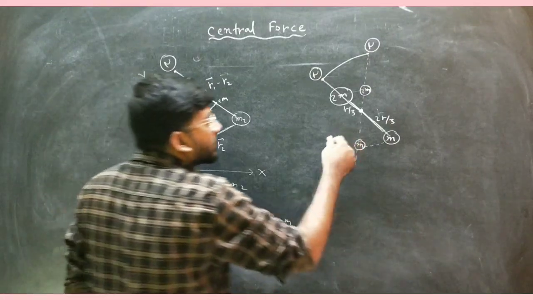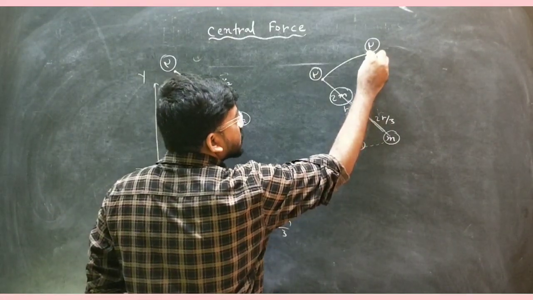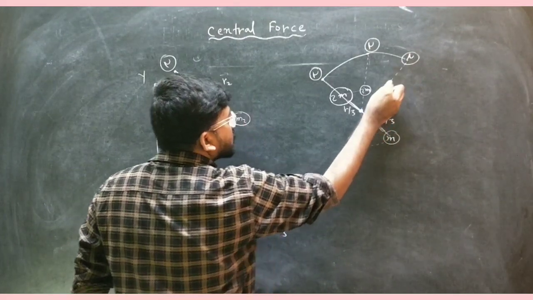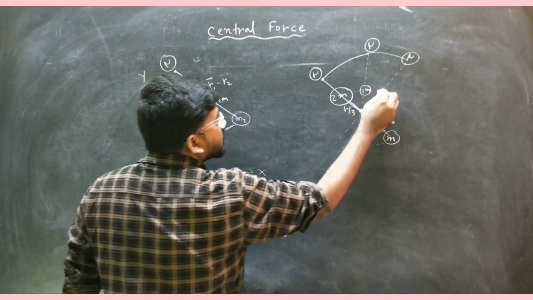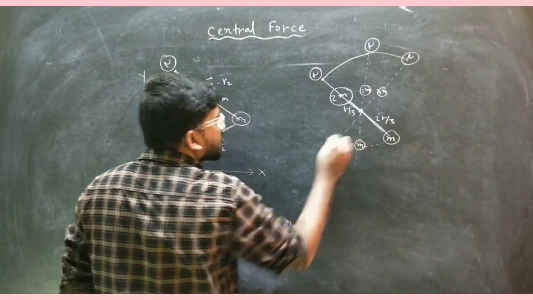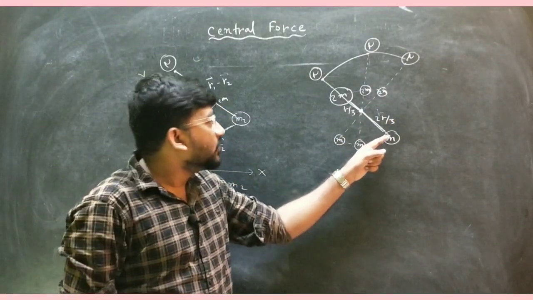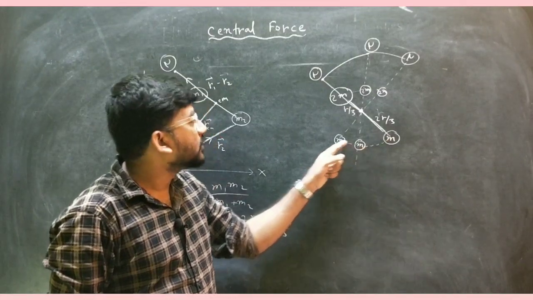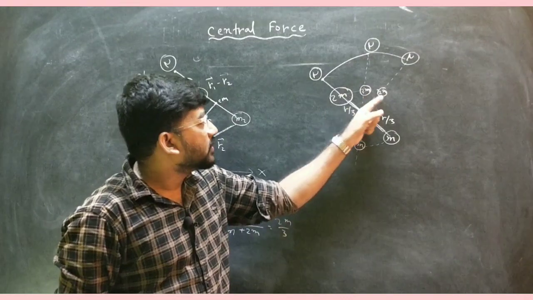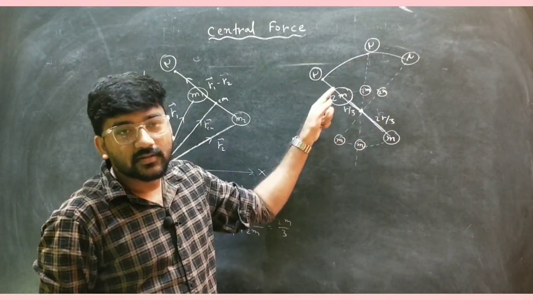So if you again take one more position, m will be from this point to this point. In that case, 2m will be here and m will be here. So you can see that m will be moving along the circle which has radius 2r by 3, and 2m will be moving along the circle which has radius r by 3.